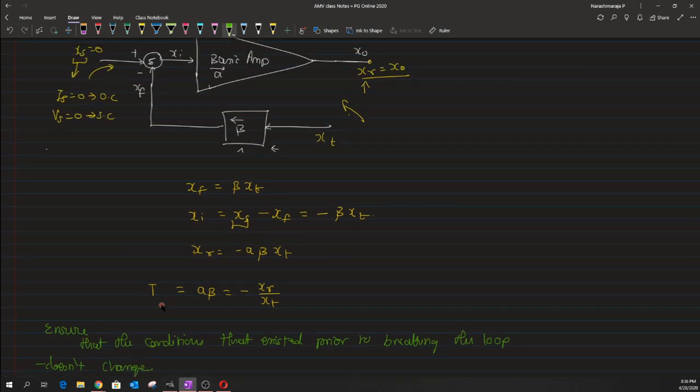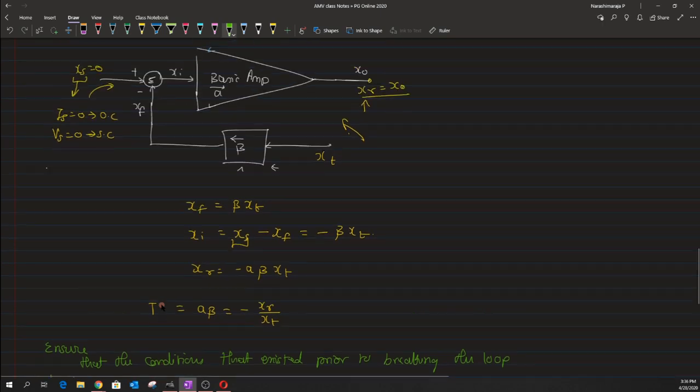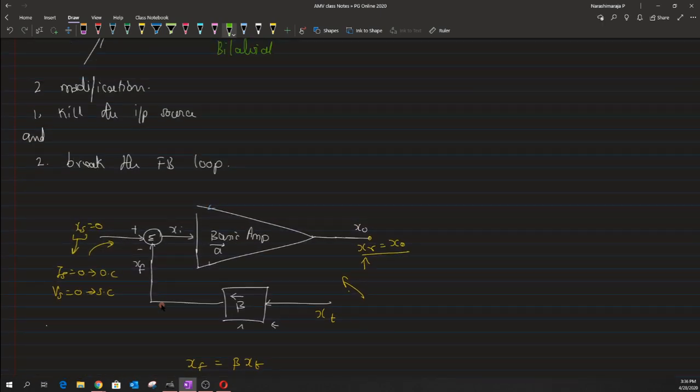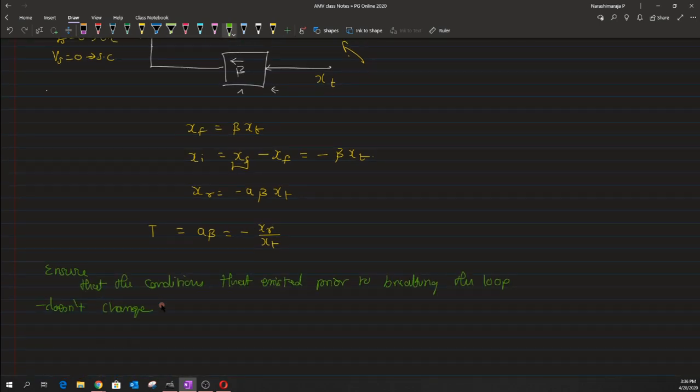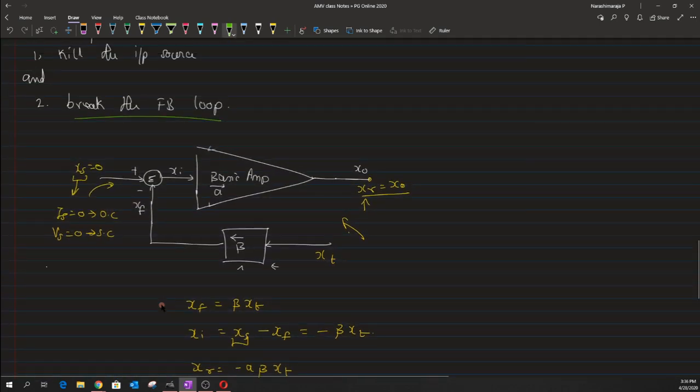Okay. So basically we are talking about the second point, and what we did is that we just try to break the circuit at a connection between the input of the feedback network and the output of the basic amplifier. Okay. But it need not always be that we have to make this break only at these 2 points. Okay.